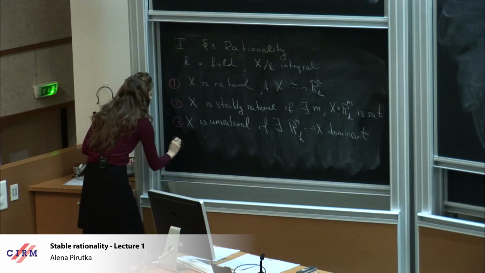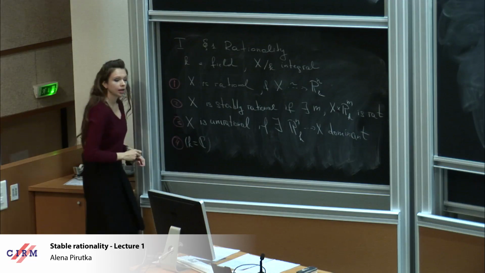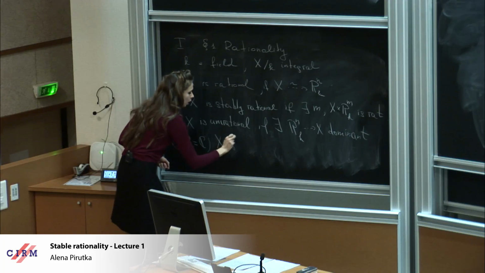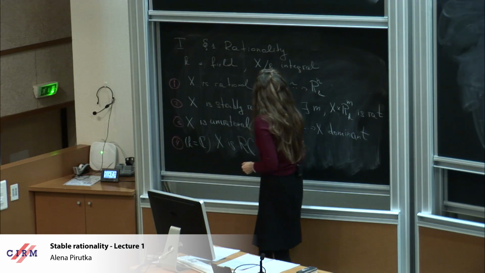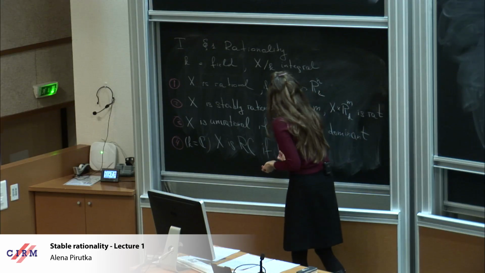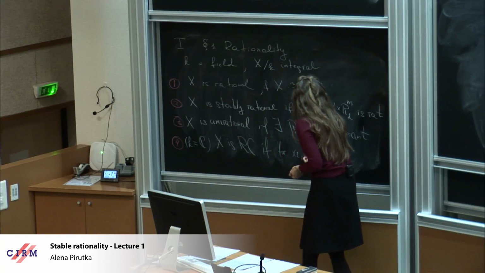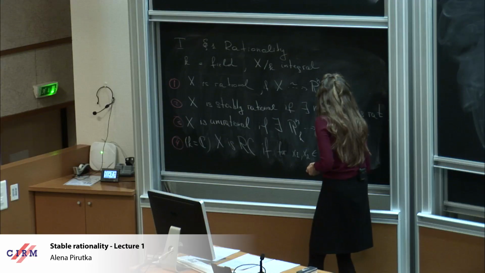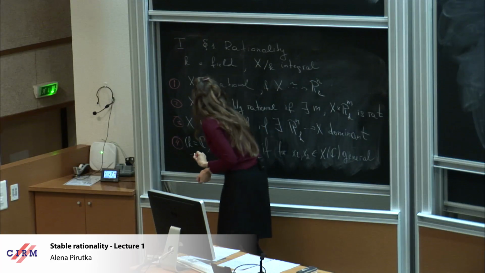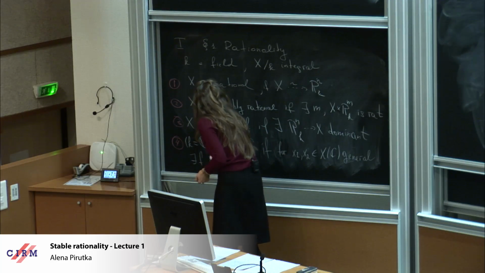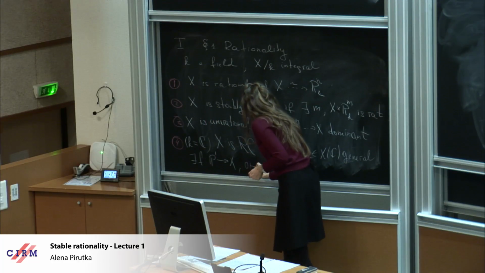And finally, let me mention a geometric notion, and let me consider here K equal to C. X is rationally connected, and I will abbreviate it as RC, if there are many rational curves on X, so if for a general pair of points, two general points, there is a map from P1 to X. Normally, the image of the map is called a rational curve on X that passes through these points.